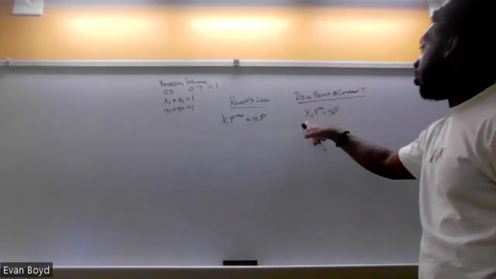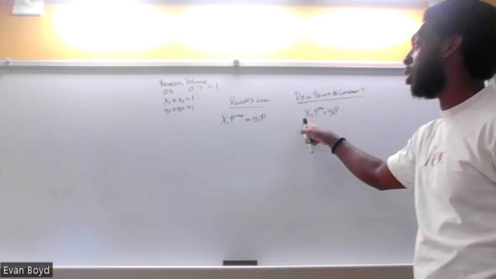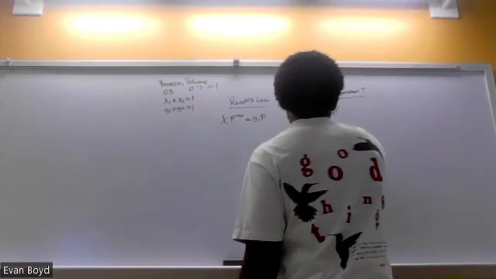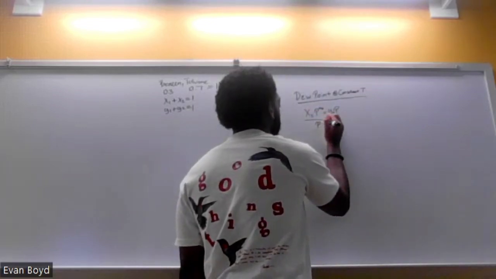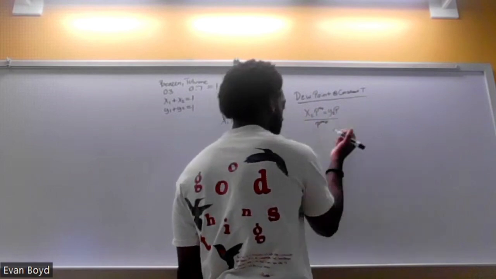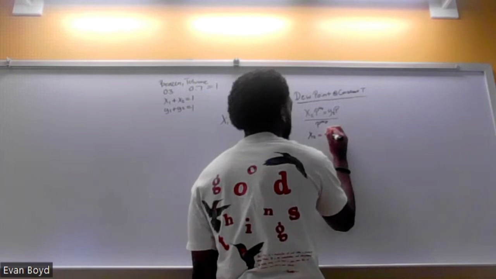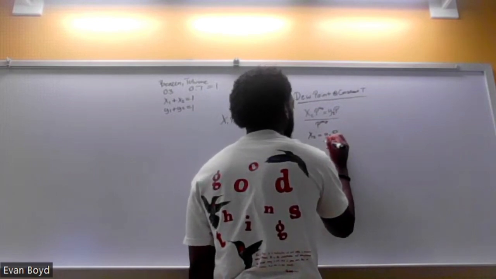So here we want to isolate X, the liquid concentration, first. So we divide by the vapor pressure, so we'll have X2 is equal to vapor concentration times pressure divided by vapor pressure.